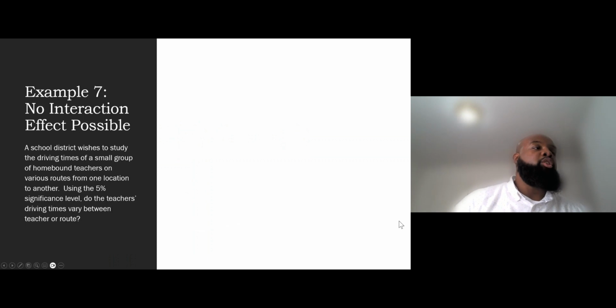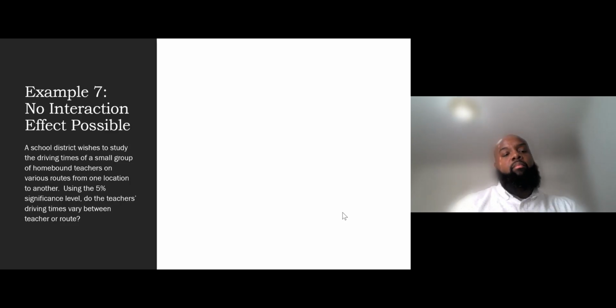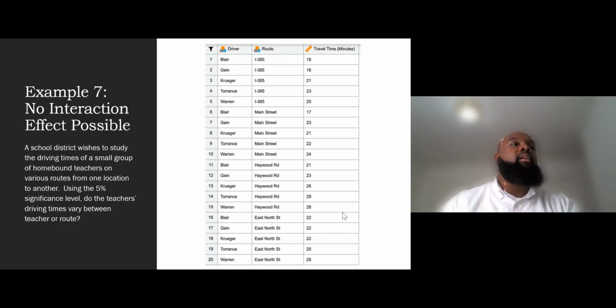It says a school district wishes to study the driving times of a small group of homebound teachers on various routes from one location to another. Using the 5% significance level, do teachers' driving times vary between teacher or route? So this is what this data looks like.